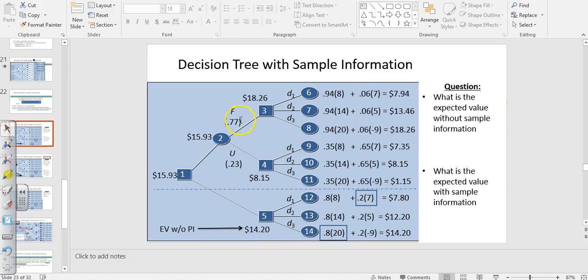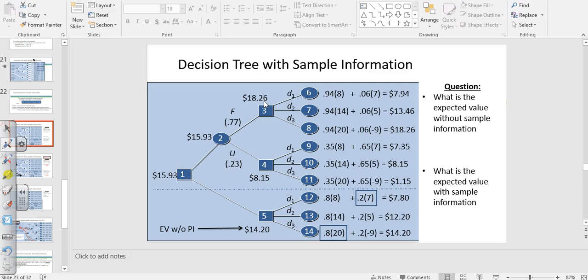And so the next step, and this is the easy part, is once we got our 8.15 and our 18.26, all you have to do is do the expected value. Remember, we have a circle, which means do a calculation.